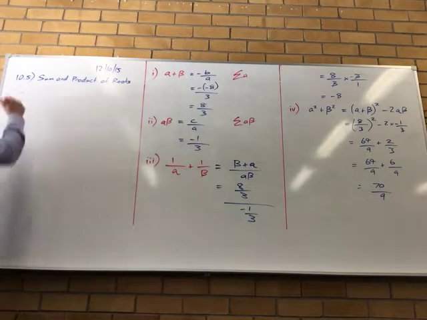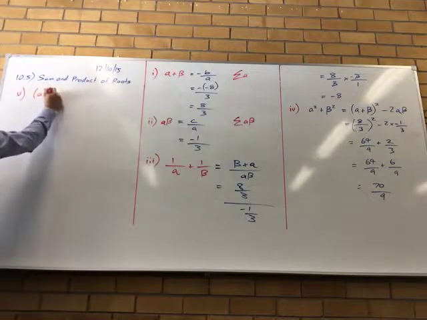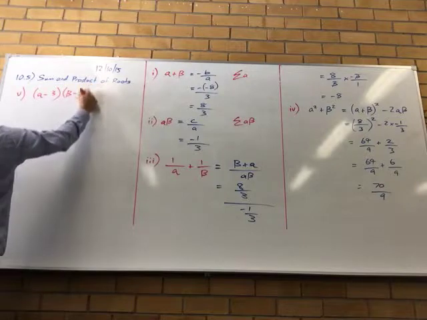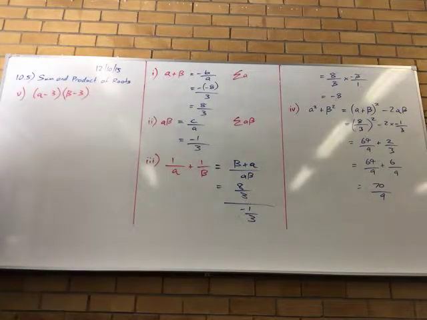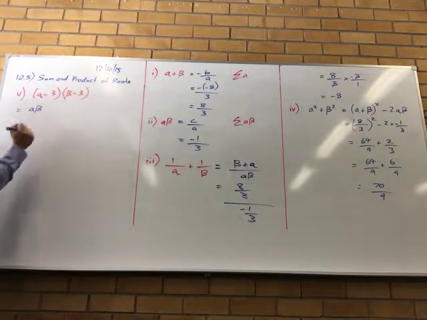Alright, part C. Alright, so I want alpha take away 3 times, in brackets, beta take away 3. So what happens when I subtract 3 from both of my roots and multiply them together? What am I going to do? Using the FOIL method, expand it.